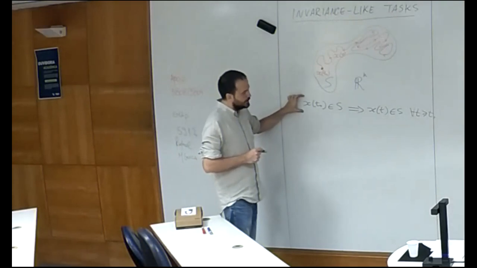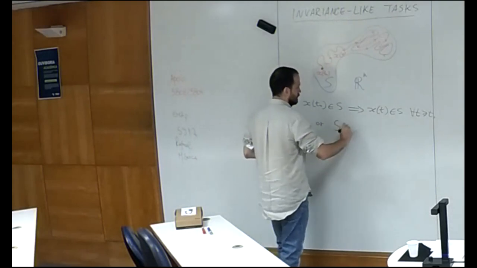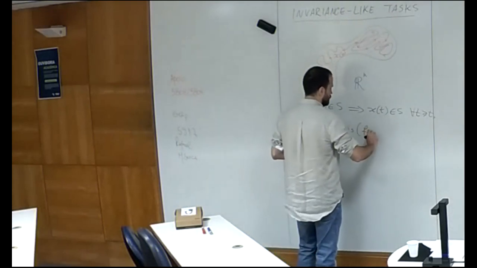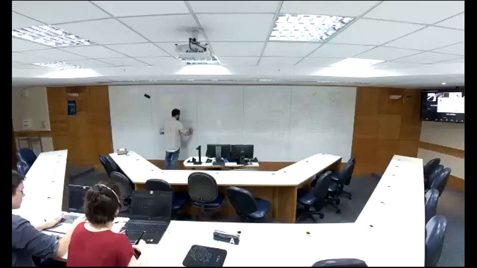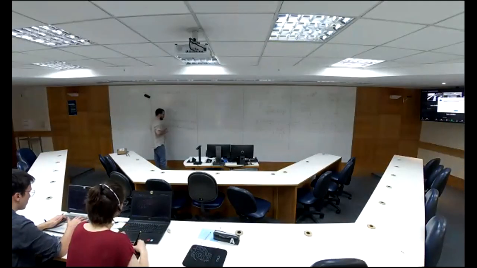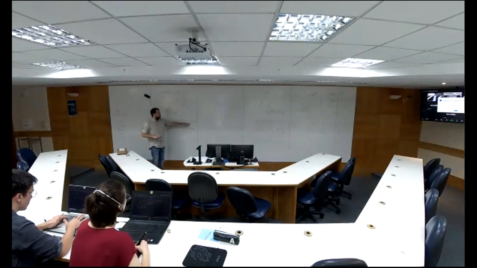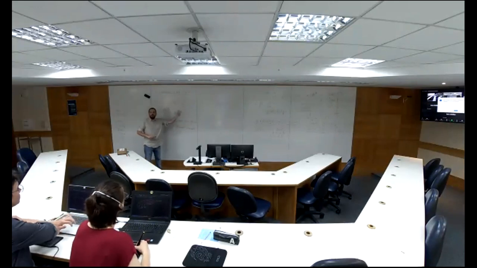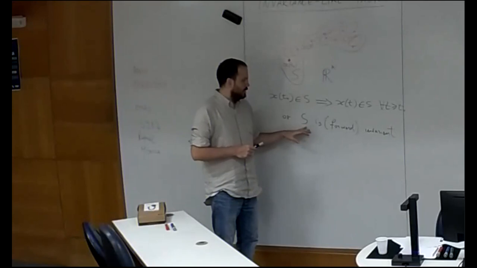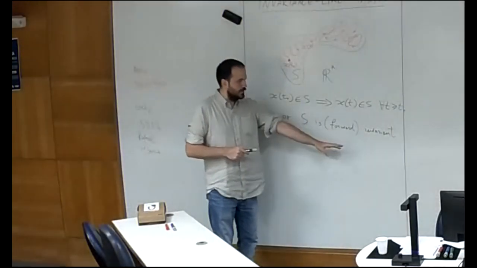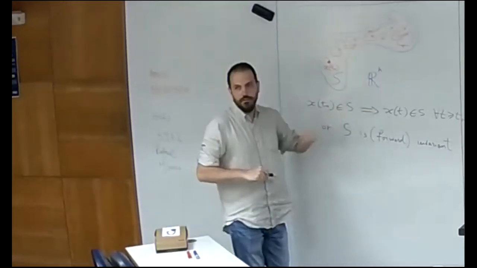Because this happens when S is forward invariant, or invariant. Forward just means that we are only interested in future times, times after t0. To say that S is invariant means that if the trajectory of the state originates within S, then it never leaves.